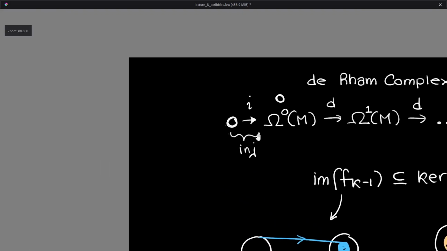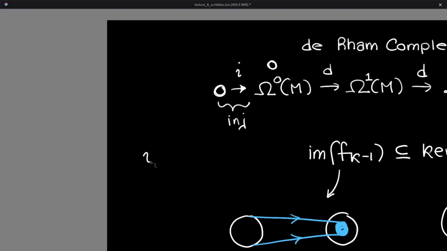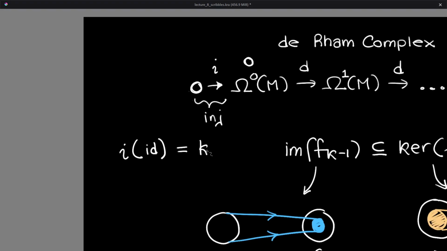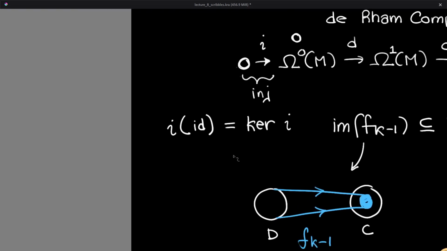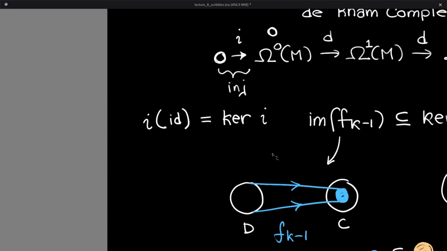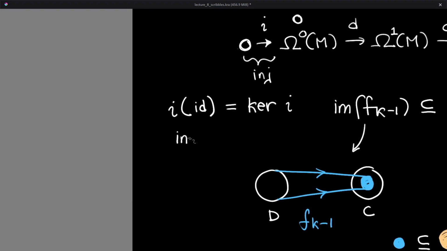What does that mean here? That means that the kernel of the first map is just the identity element, and in abstract algebra, you can prove that if only the identity element is mapped to the identity element, then the map is injective.